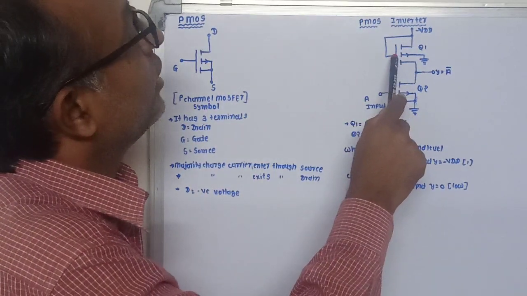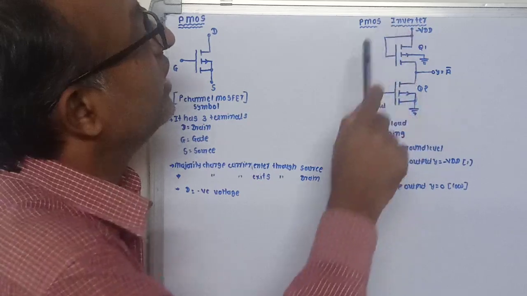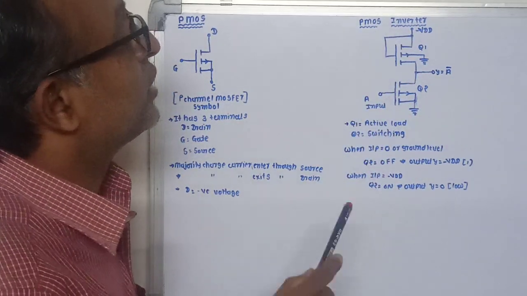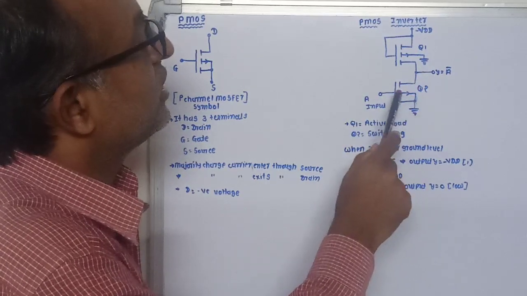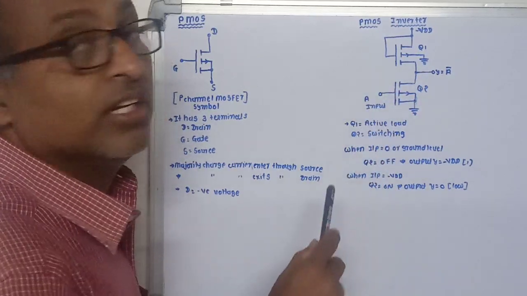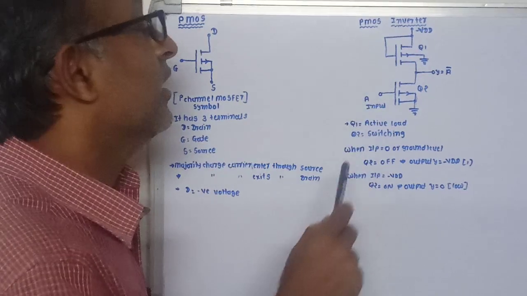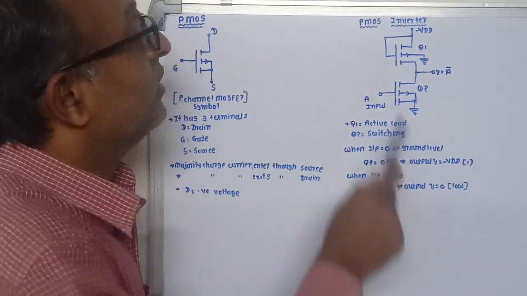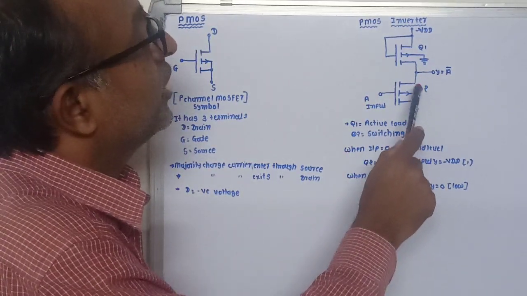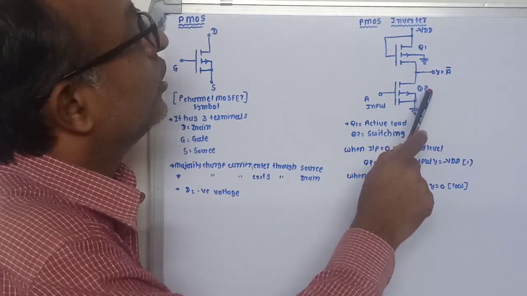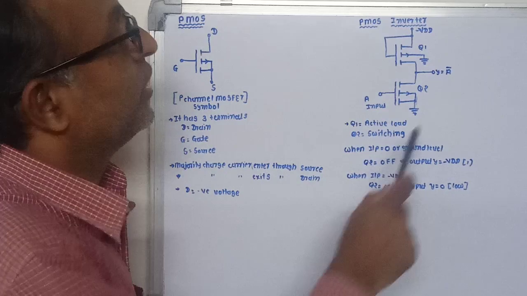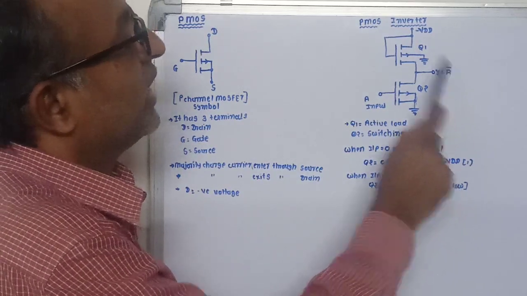Now the drain terminal of this Q1 is connected to the minus VDD supply, and the gate terminal of this Q2 transistor is used for the input, and the output is taken from the drain terminal of transistor Q2 to the ground. So here we will get output Y.